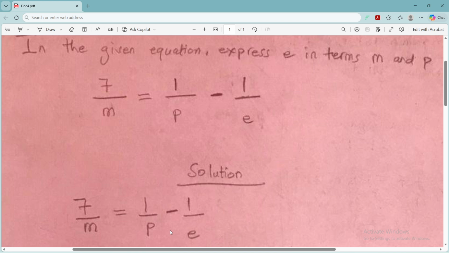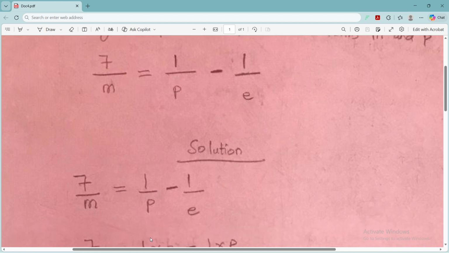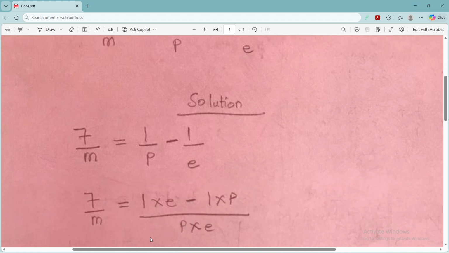The fraction 1 multiplying E minus 1 multiplying P, divided by the multiplication of the denominators, which is P and E. So divided by P multiplying E, right?